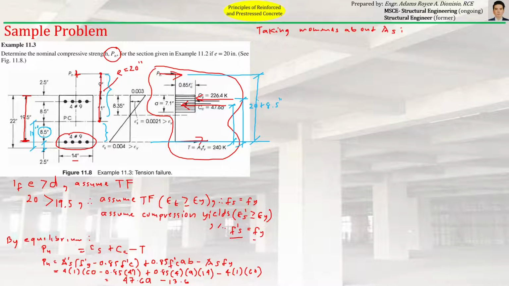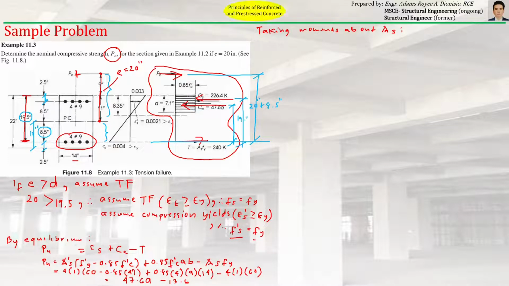Okay? Yung CS, ano yung moment arm ng CS? 2.5 daw yung location nito. Tapos ito 22. And ito 19.5 pala to. 19.5 tas ito 2.5. So basically, that will just be 19.5 minus 2.5.